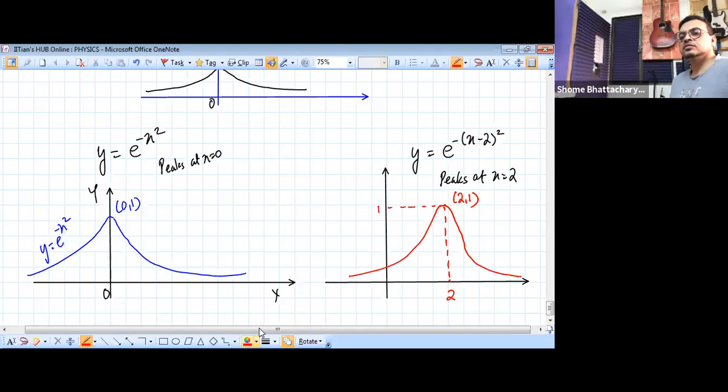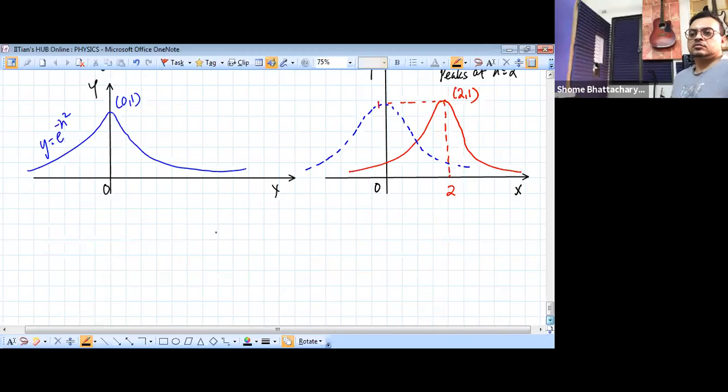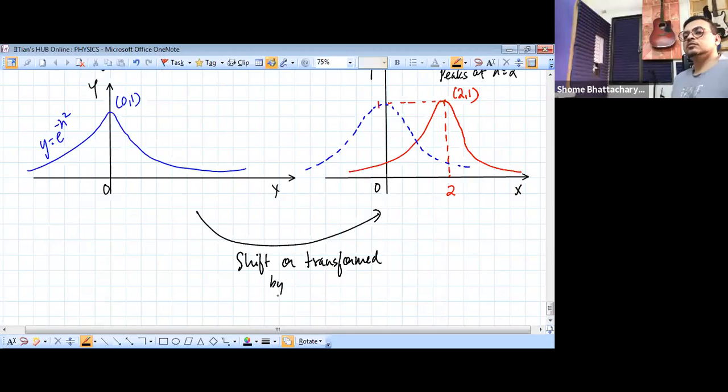So in comparison to the earlier graph, it's the same shape, but it's been transformed by a shift in this direction of 2 units. So you can see that this to this is a shift or transformation by plus 2 units on the x-axis.